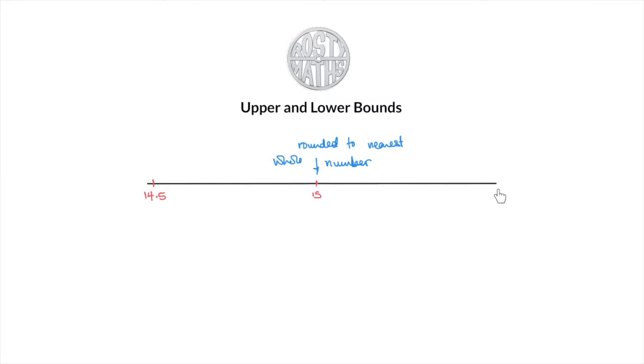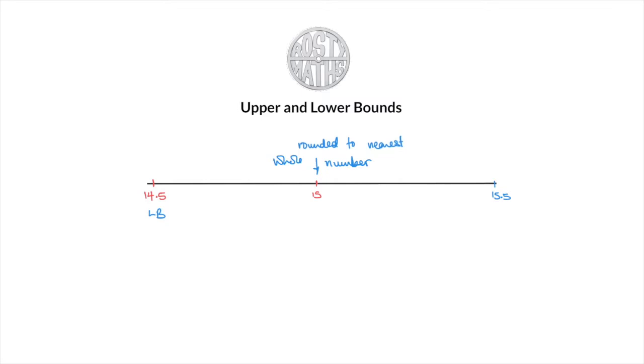What about the upper bound? Oh, by the way, I should probably say that this is going to be my lower bound, okay? What about the upper bound? What's the maximum number I can go to before I will have to round up to 16, okay? So I know it is not going to be 15.5, believe it or not, because if I hit 15.5, I'm going to round up to 16.